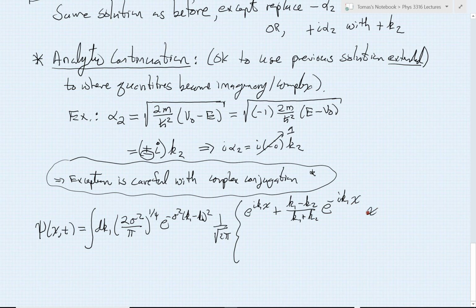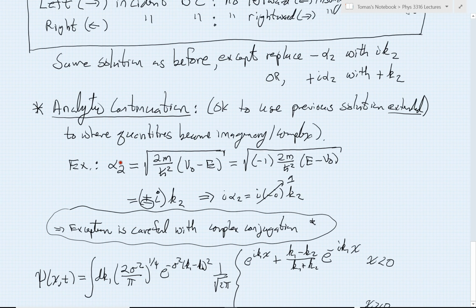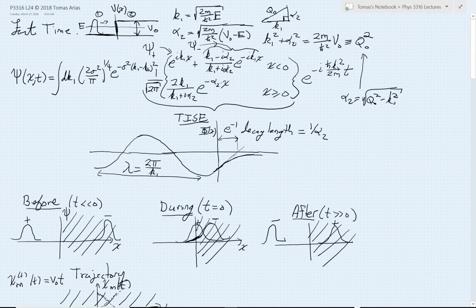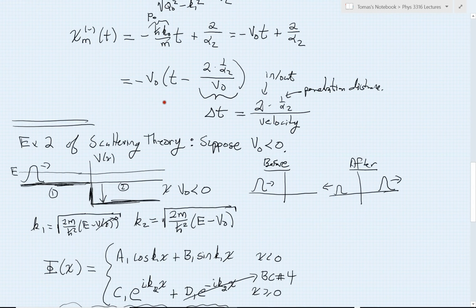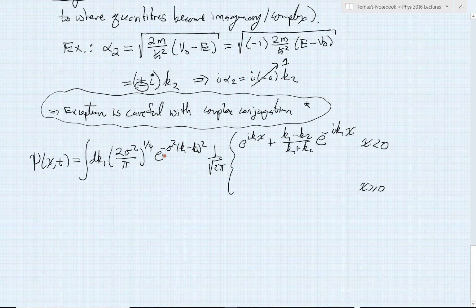That's the solution for x less than 0. When x is greater than or equal to 0, the solution up above is 2k1 divided by k1 plus i alpha 2. So I realize that's going to be k1 plus k2 in the denominator. And then my minus alpha 2 we can handle in a moment. So I had twice k1 over k1 plus k2.